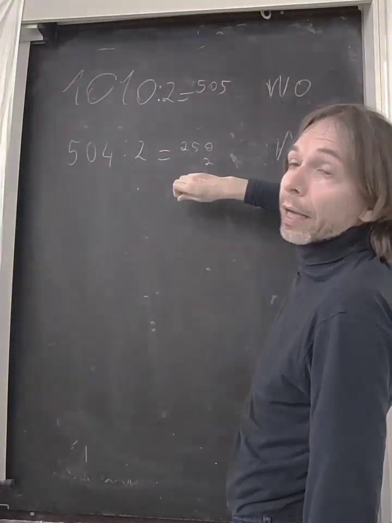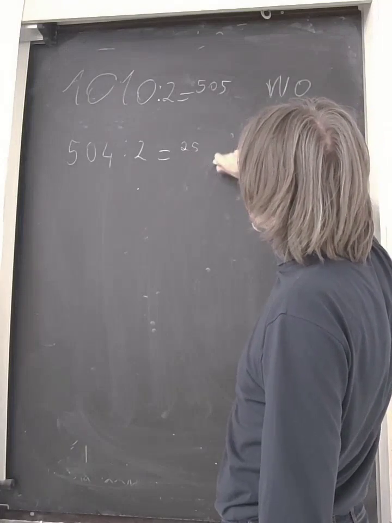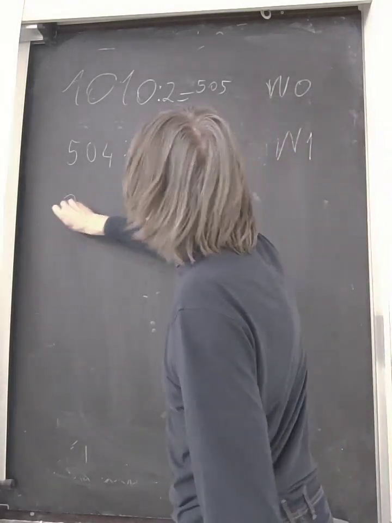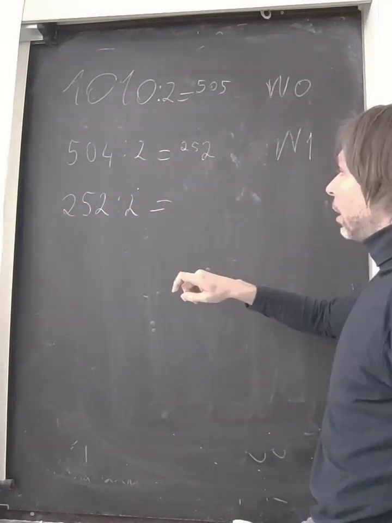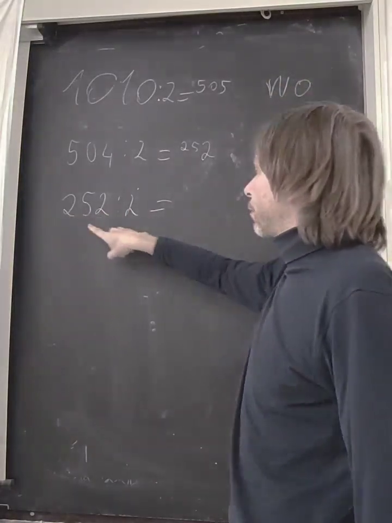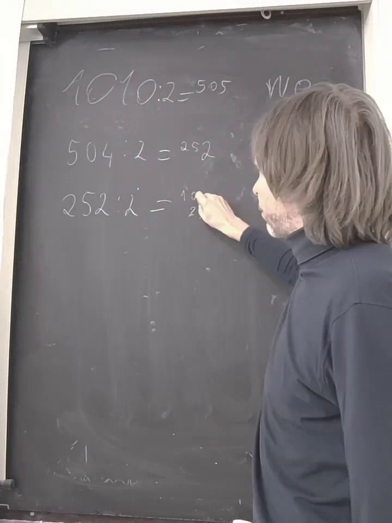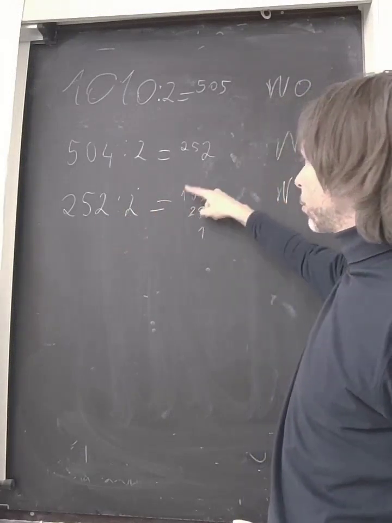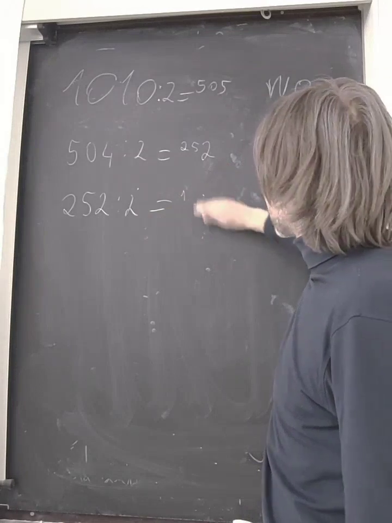So in total, I have 252. Okay, 252 divided by 2. Our waste is 0. The half of 200 is 100, the half of 50 is 25, the half of 2 is 1. In total I have 126.